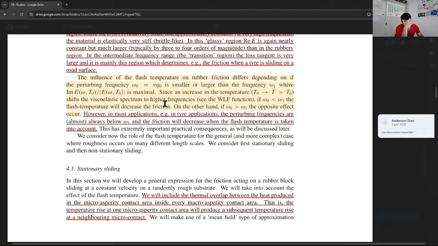And this is the point when discussing tires, because omega 0 in tires is always below omega 1. It's not enough to cause this effect. So when temperature rises in tires, friction tends to decrease.